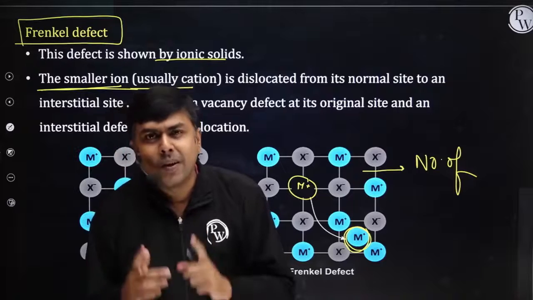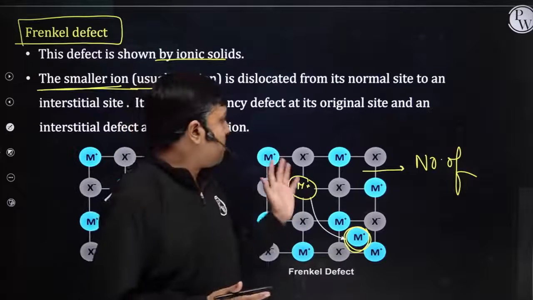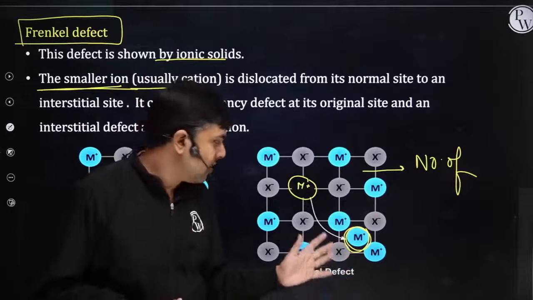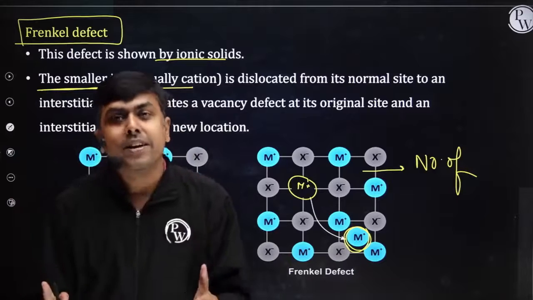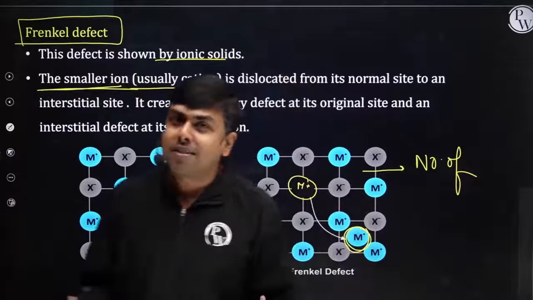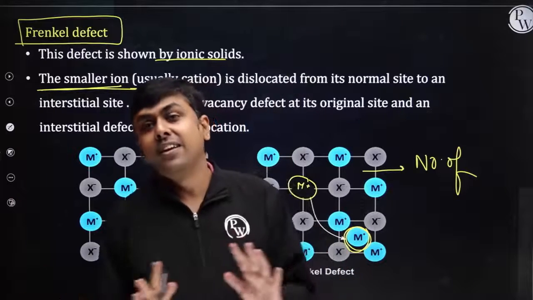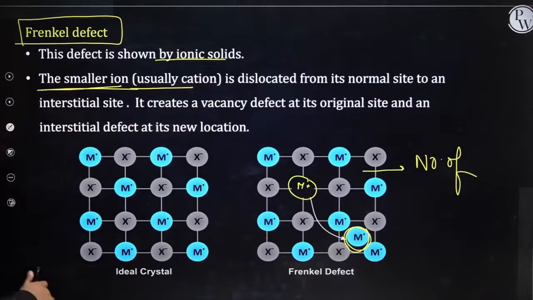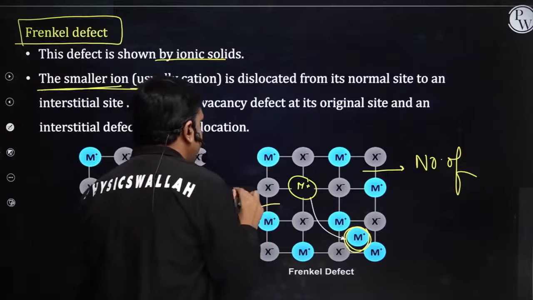Am I clear? Okay. If I talk about the density, student, the mass remains unchanged. Cation has left the lattice site but is still present in the unit cell. So mass remains unchanged, volume remains unchanged. So in case of Frankel defect, there is no change in density of the solid.